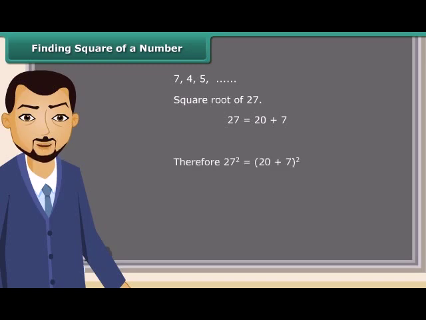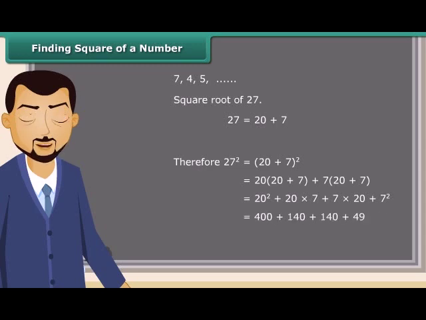Therefore, a square of 27 is equal to (20 + 7) squared, which is equal to 20 into 20 plus 7 plus 7 into 20 plus 7, which is equal to 20 square plus 20 into 7 plus 7 into 20 plus 7 square, which is equal to 400 plus 140 plus 140 plus 49, which is equal to 729.